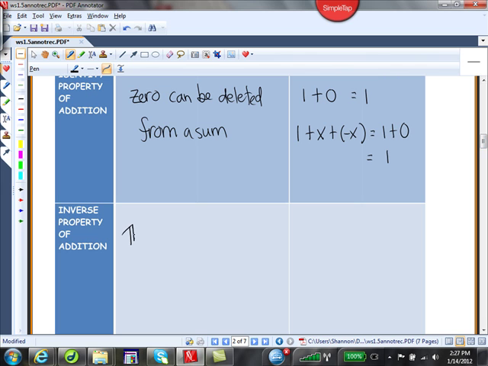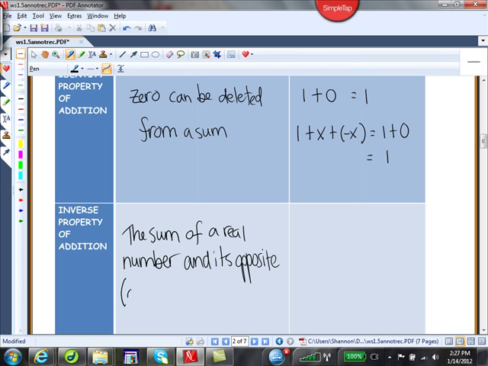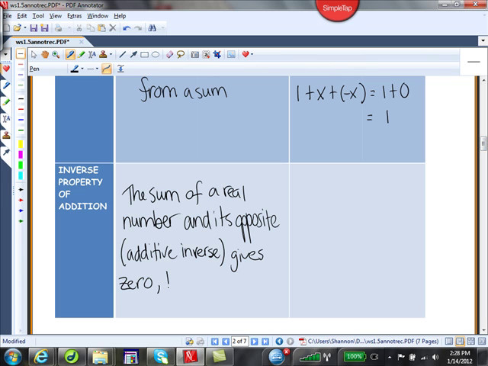The sum of a real number and its opposite, that's also known as additive inverse, gives 0. The additive identity.